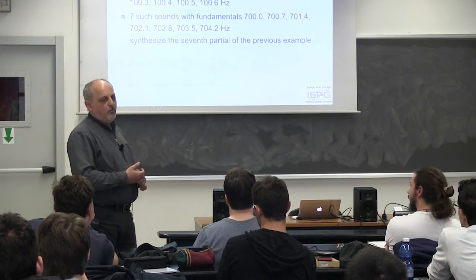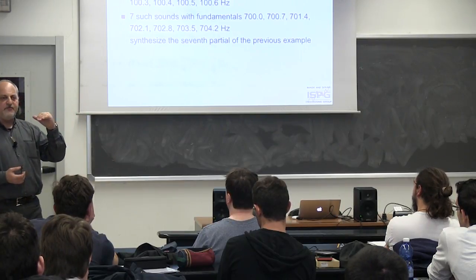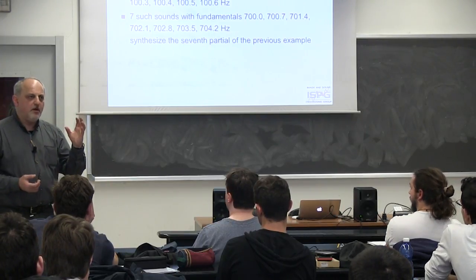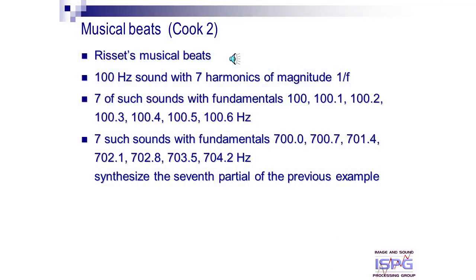Then if you take a second one, the same kind of sound with a slightly different fundamental, the lowest of these frequencies, and you place it at 100.1 hertz, the harmonics will be at 200.2, 300.3, 400.4, and so on.